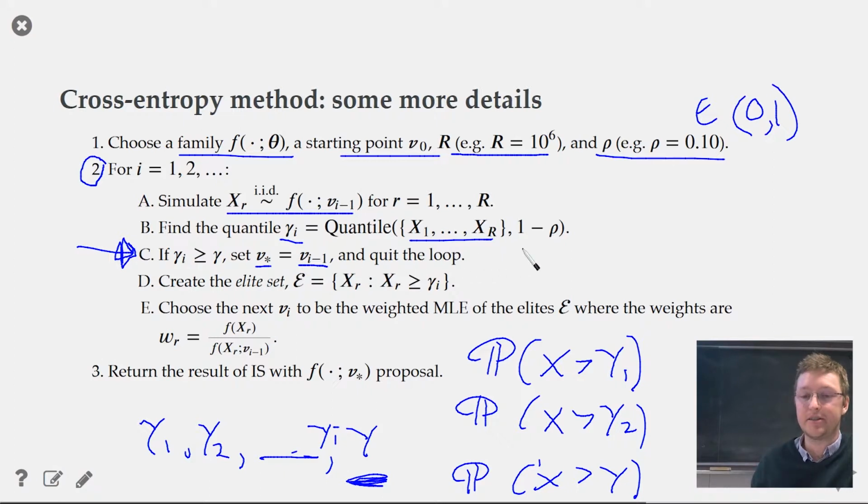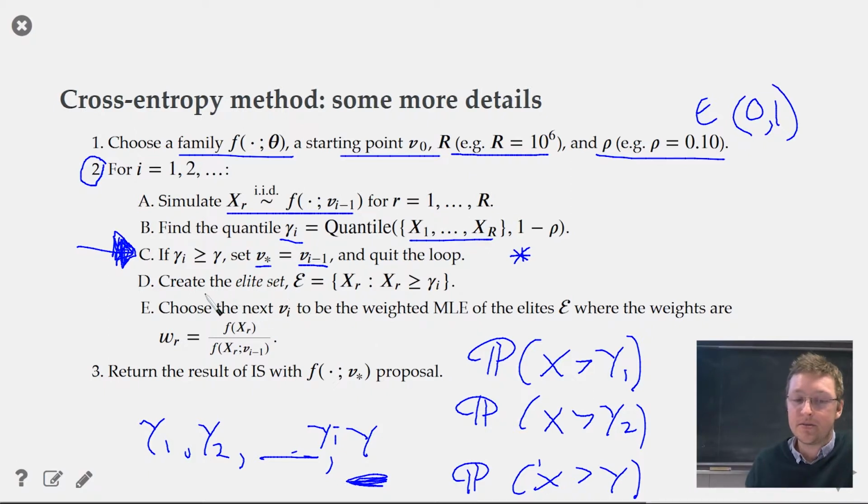So this is where the loop ends. But if you've just started, that's not going to happen. You're going to need to update from your previous density to a better density.